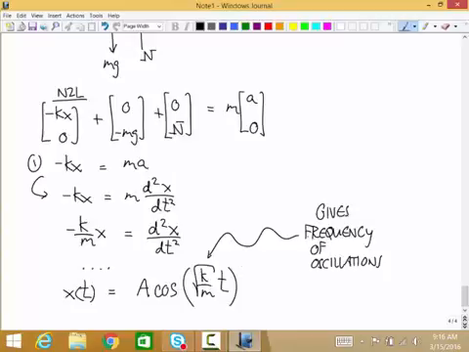So if you increase k, you get faster oscillations. And you can think about just graphing out this function. You know that increasing the constant that you're multiplying by t is going to make those oscillations happen more quickly in time. Making k smaller, making m bigger will slow down the oscillations in time. Okay.